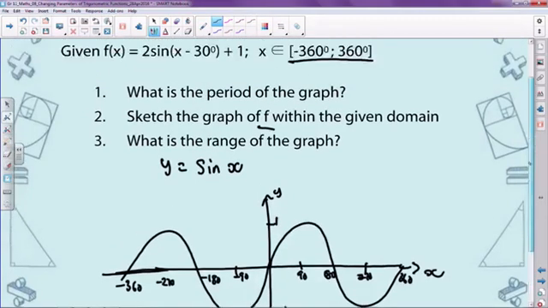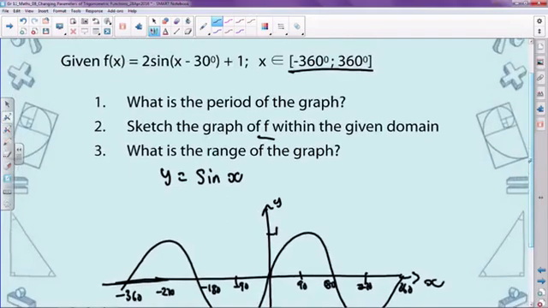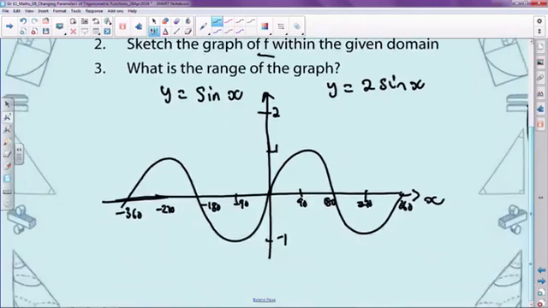Now, moving on. You now bring a 2 in front. That's y equals 2 sin x. What is happening? Okay, let's just extend it a bit. It's to 2. And then minus 2. Right, guys, it's the same graph, right?